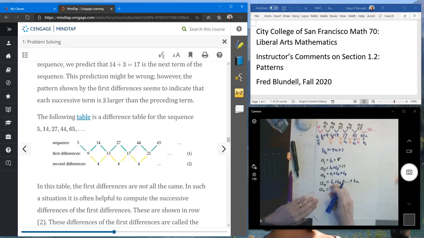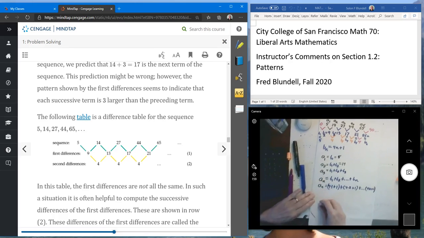See, B1 was 4 times 1 plus 1. And then B2 is 4 times 2 plus 1. And so it goes. Finally, you get out to the nth one. Bn was 4 times n plus 1.